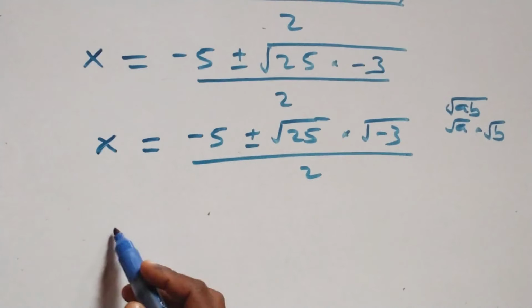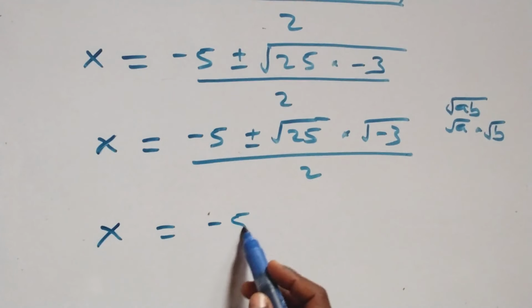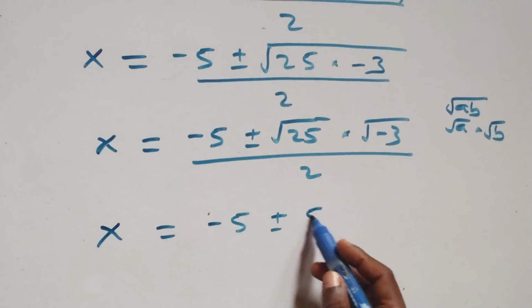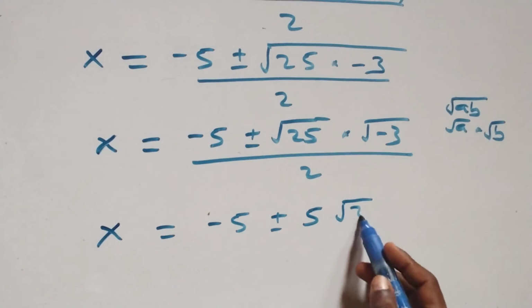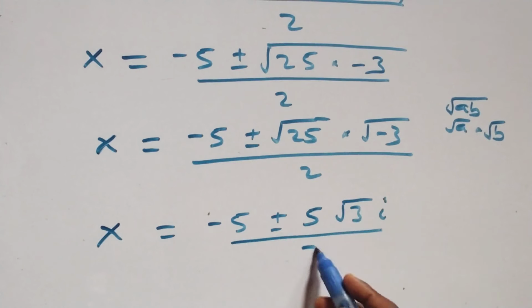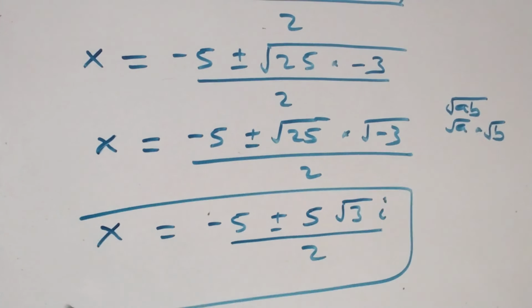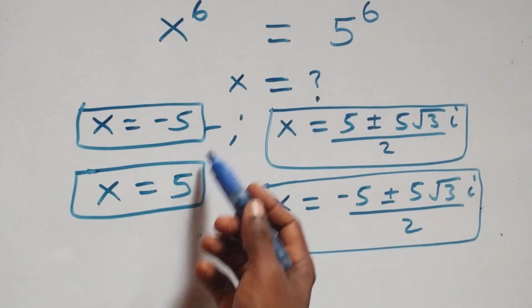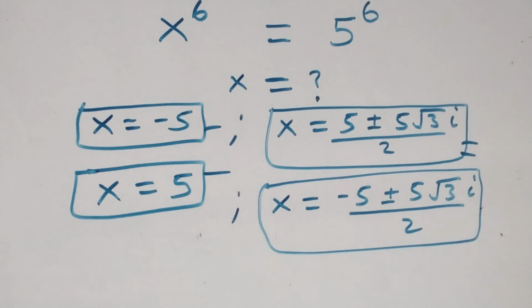Then here we have x equals minus 5 plus or minus root 25, that's 5, then root minus 3, same thing as root 3 i, all over 2. Here also we have two complex solutions. And all together here, we have 6 solutions in this problem. That is 2 real solutions, 2 complex solutions here, and also 2 complex solutions here.